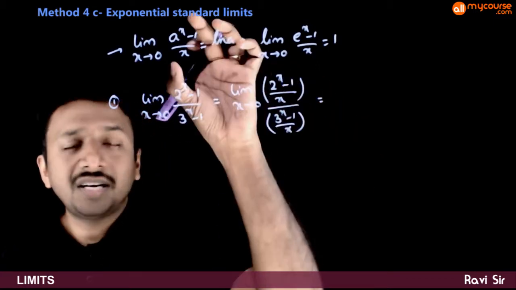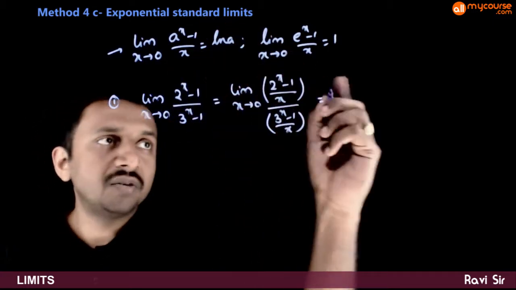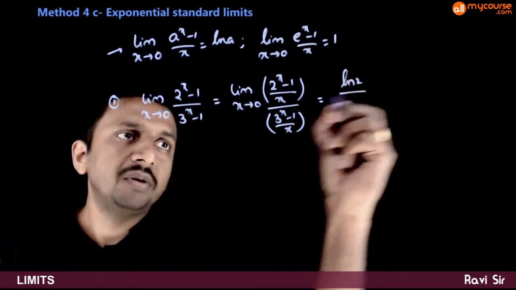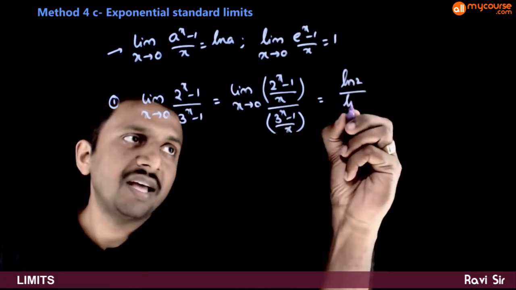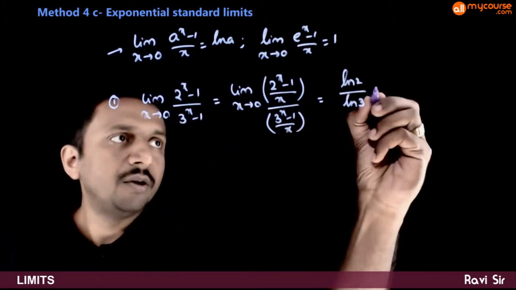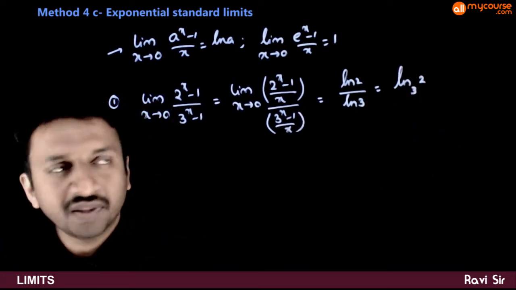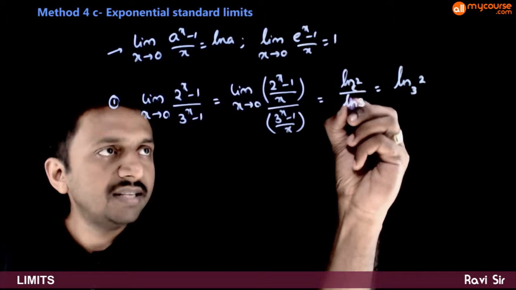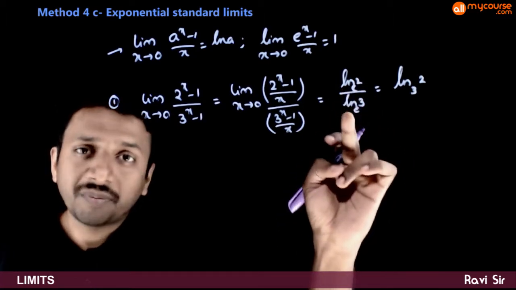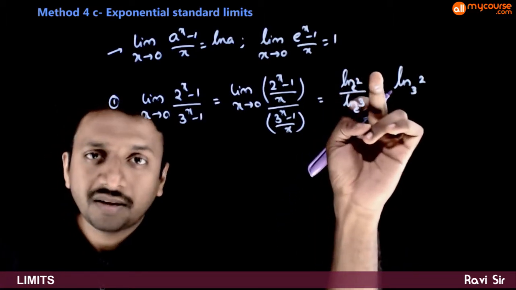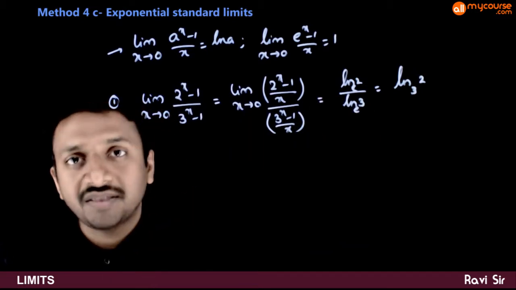The numerator is of this form, so the answer will be ln 2 divided by ln 3 in the denominator, which is equal to log of 2 to the base 3. Because both are natural logs, from the base change formula you get log 2 to the base 3 as the answer.